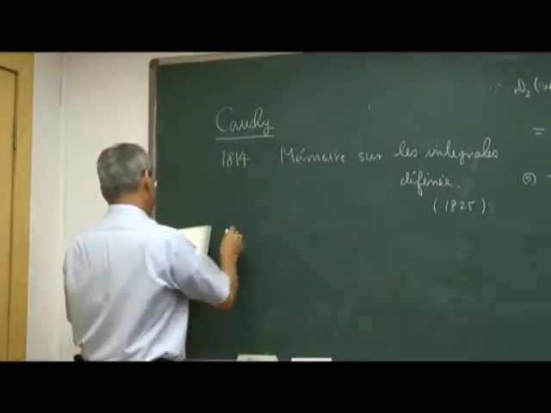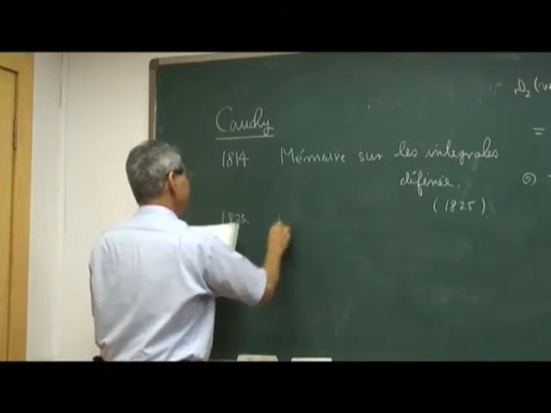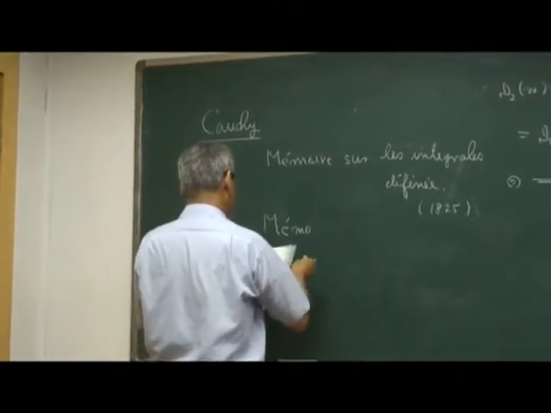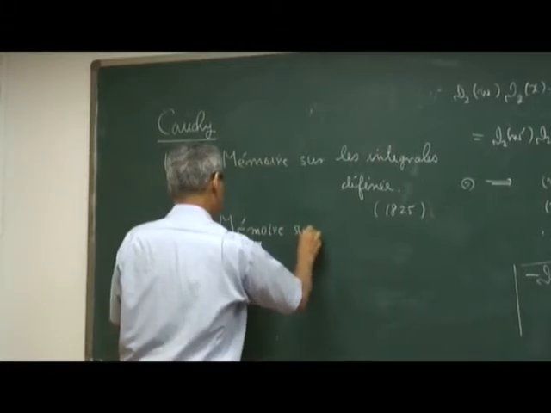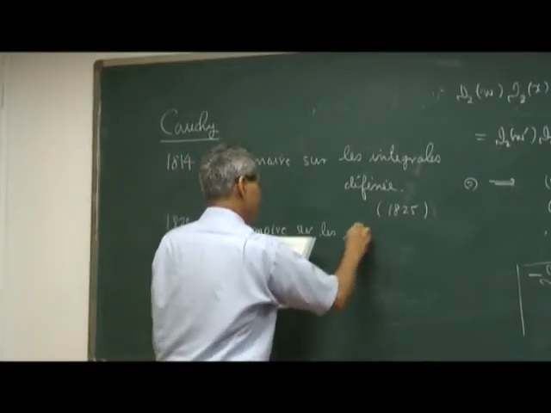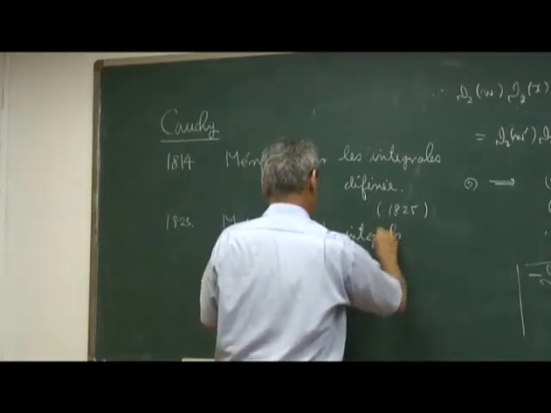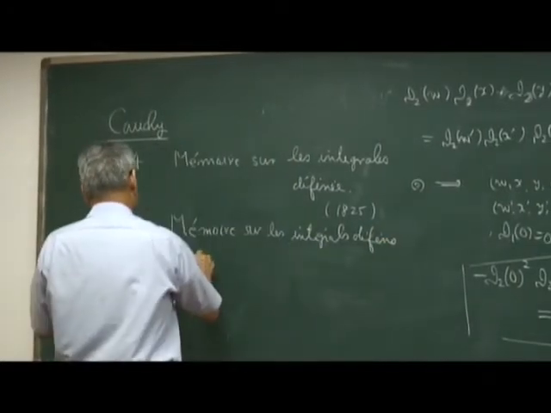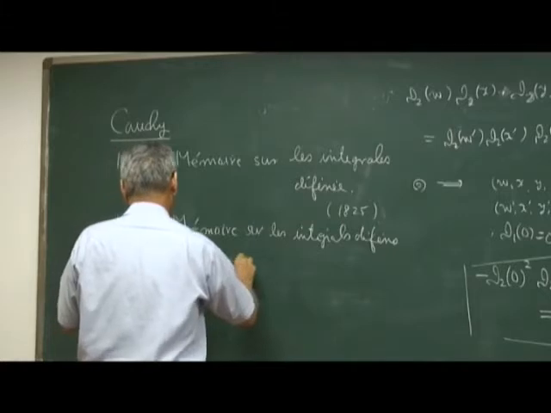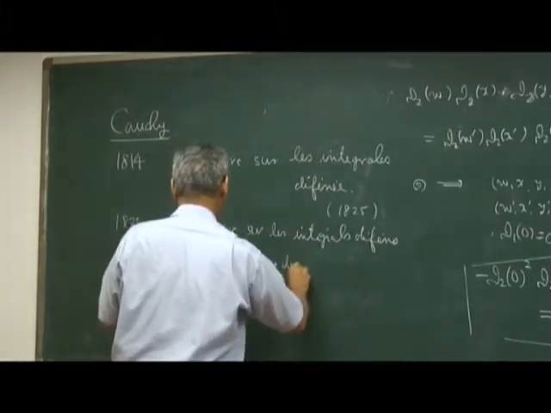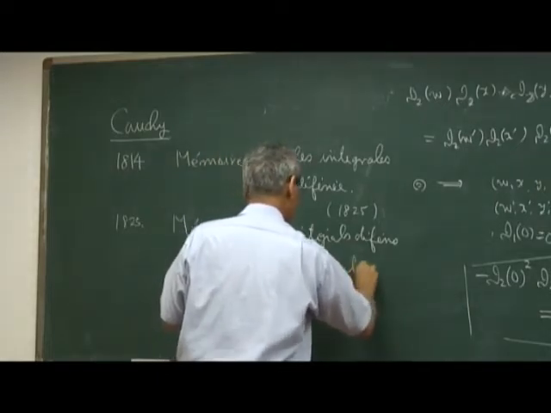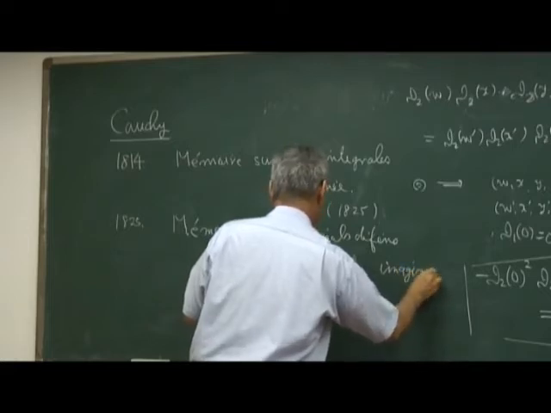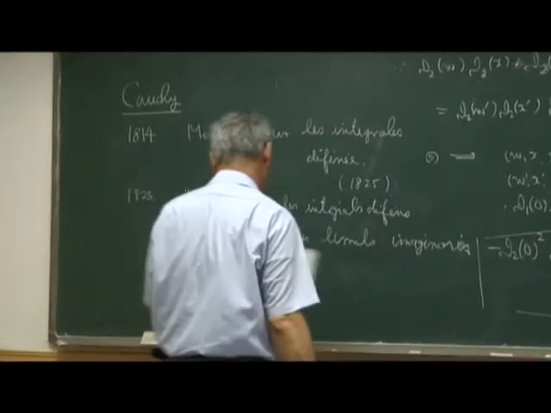And also, at the same time, 1825, he published a certain note, memoir sur l'intégrale définie, the same as entre limites imaginaires. Imaginary, sorry, I'm writing this too badly.